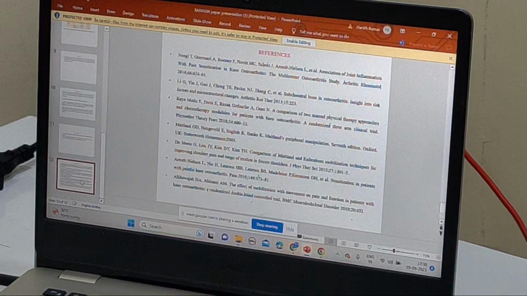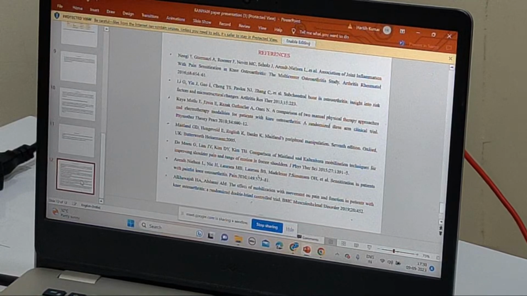Voice is not clear. Yes, yes. Go ahead. So moderate osteoarthritis between the developing the pathway developing the osteoarthritis.